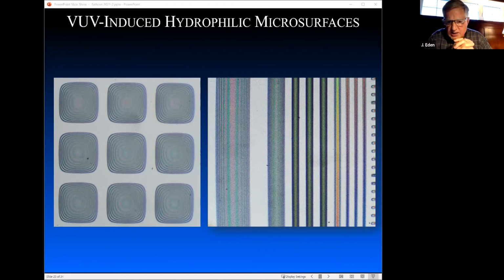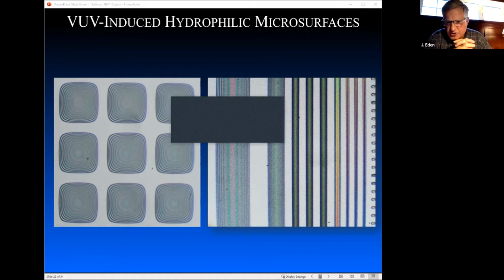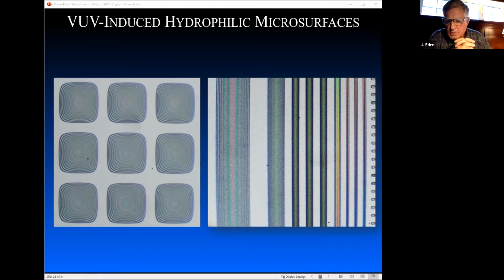And you can see that this is clean water, but you can see that the color changes as we make the lines thinner. And so what's happening in each of these lines, the water is forming a curved surface because of surface tension. And you might say, "Oh, that's nice, but what can I do with that?" Let's go to the next slide.